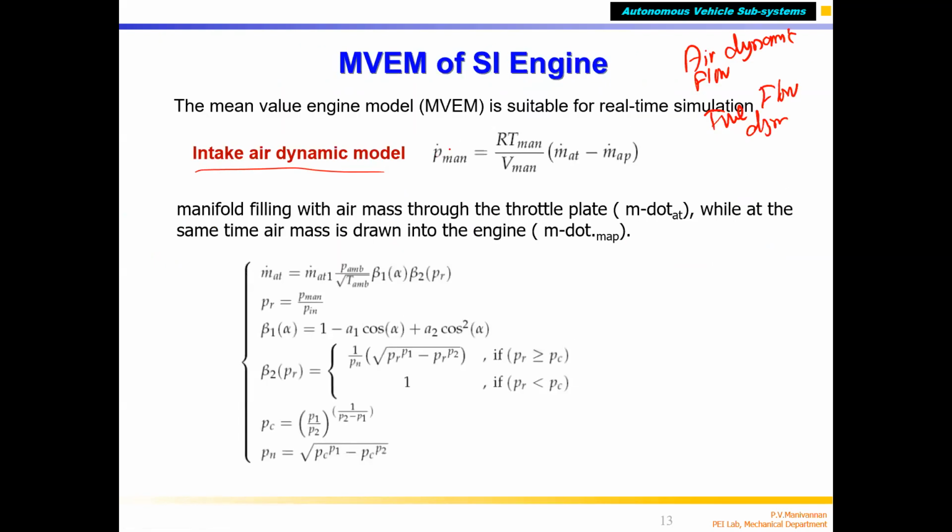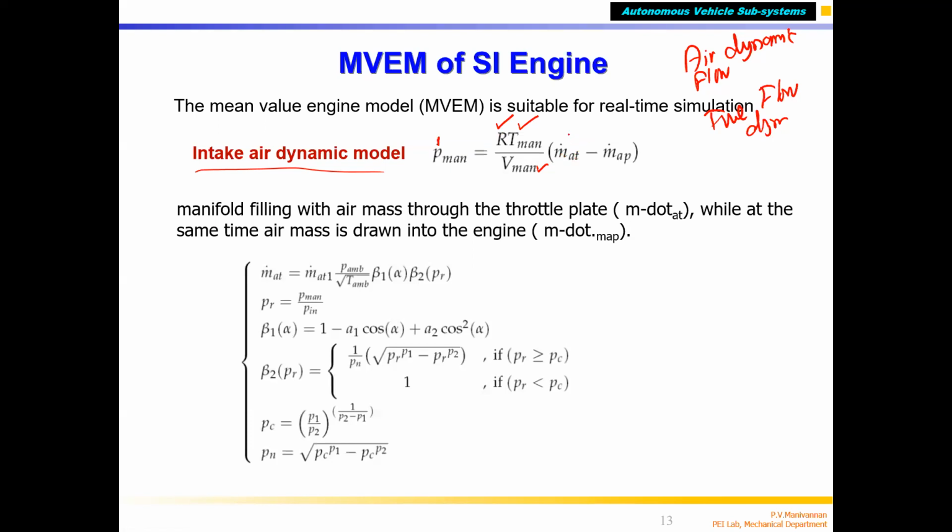So the rate of change of pressure at the manifold. As the piston is moving down, the pressure inside the manifold is not going to be constant, it is going to vary. P dot means rate of change of pressure. That depends upon R, T manifold, and V manifold, the volume of the manifold and the air temperature inside the manifold, and R is the gas constant, you know that.